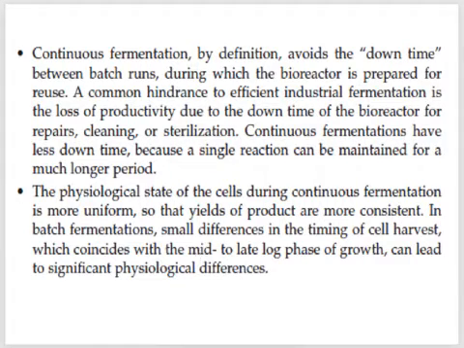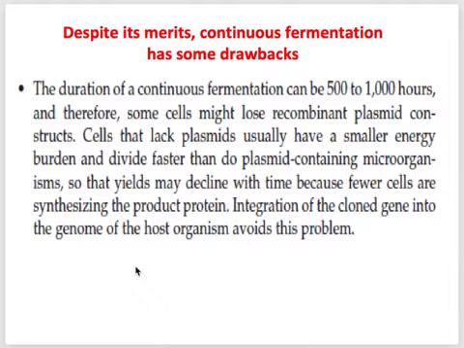Okay, so now I talked about some merits of the continuous process fermenter, but it also has some demerits in comparison with the batch fermenter. Number one, usually the fermentation we run for several hundred hours, something between 500 to 1000 hours.